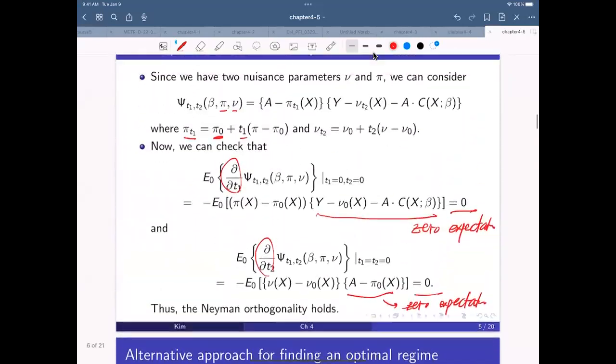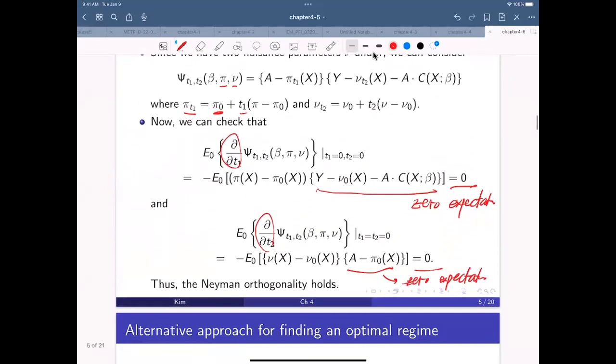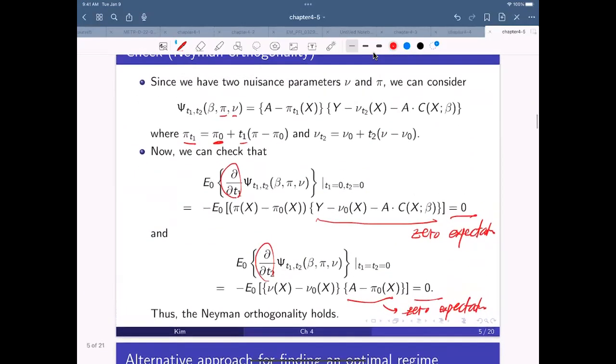For your first derivative, you take the derivative with respect to T1, right? With respect to T1, you have I minus I now. So A cancels. Right, I see, A cancels.